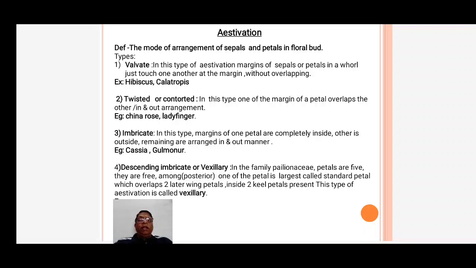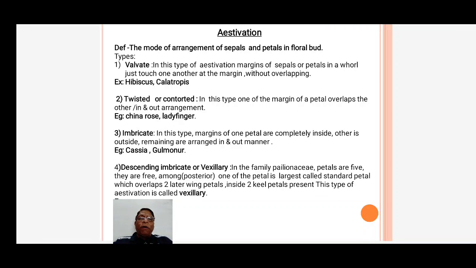Estivation mainly consists of 4 types: valvate, twisted, imbricate and descending imbricate. Even quincuncial is also there. Now let us see valvate. See the diagram. Example for valvate: hibiscus, calotropis. Calotropis means ekkegida.